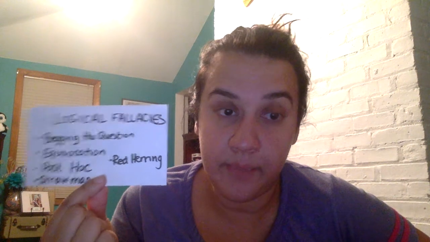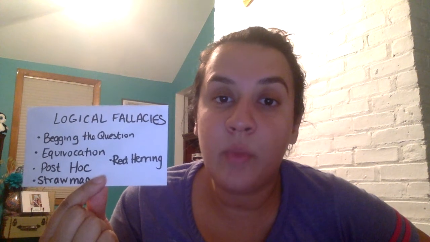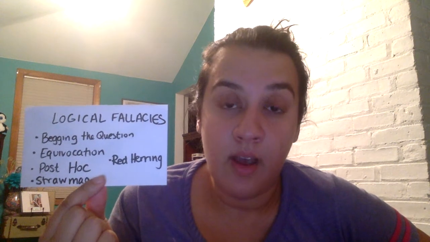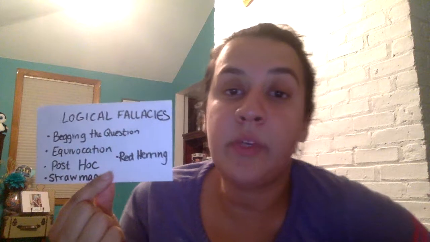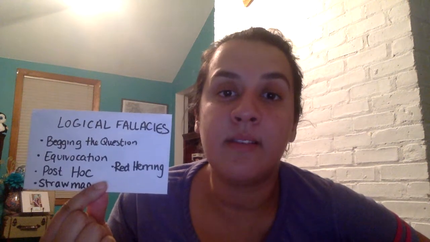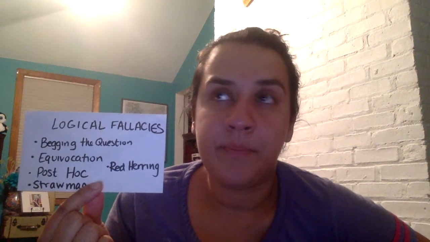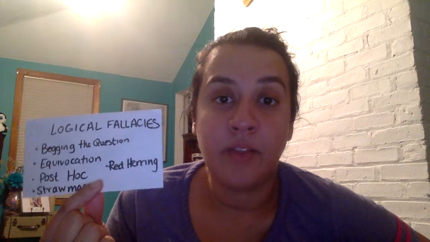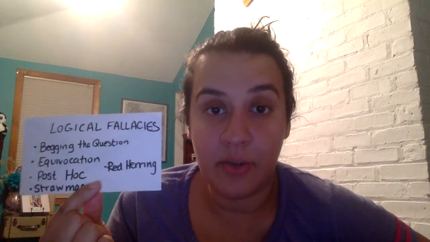You've just repeated it. Equivocation is when you misunderstand a key definition of a word. The example we used here was with Dr. Carson. A lot of you noted that he misdefined or misunderstood the definition of jihad, and so that's his logical fallacy, right?